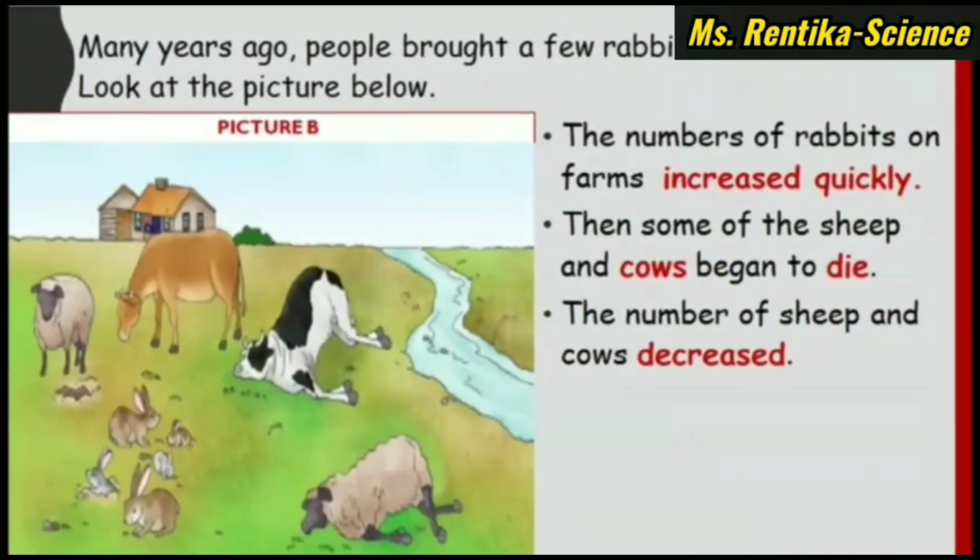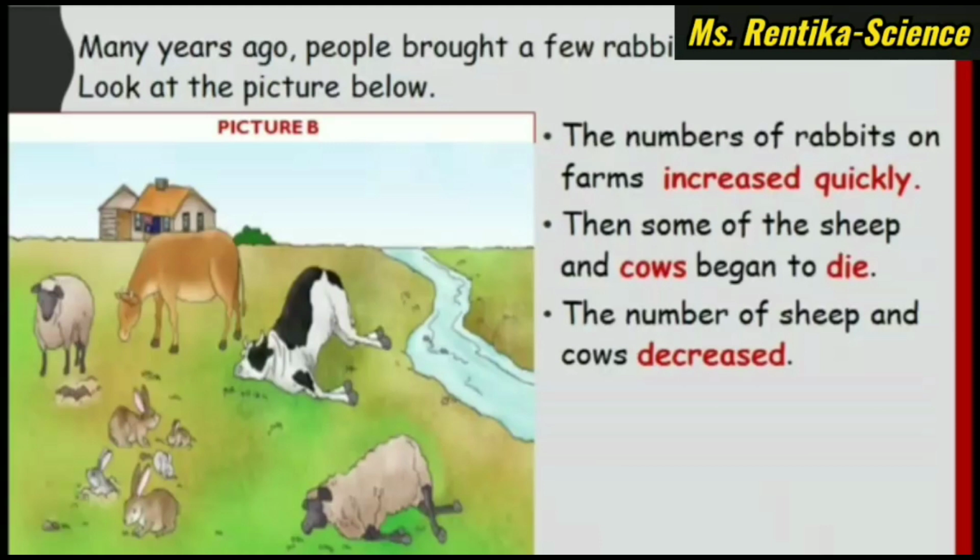Now compare with picture B. So many years ago, people brought a few rabbits into Australia. The numbers of rabbits on farms increased quickly, but some of the sheep and cows began to die.